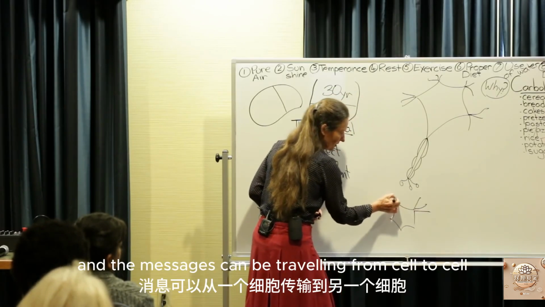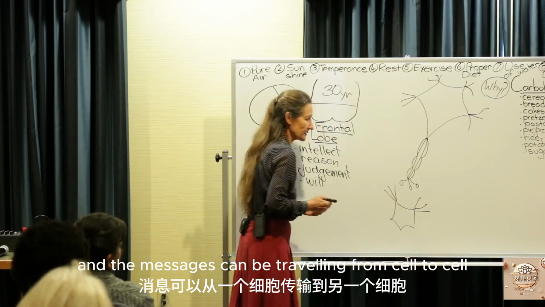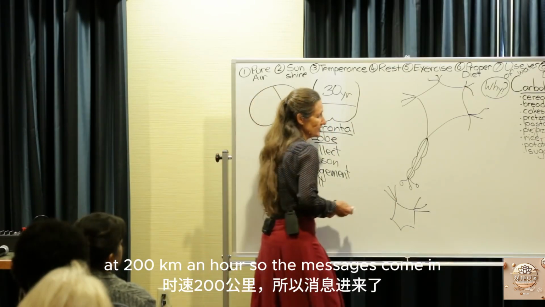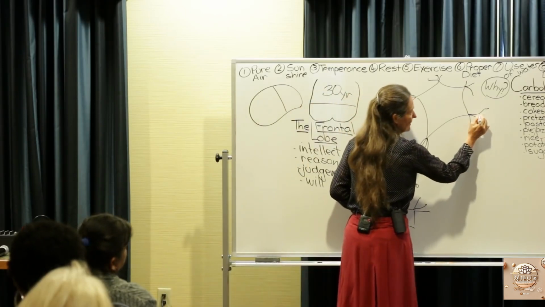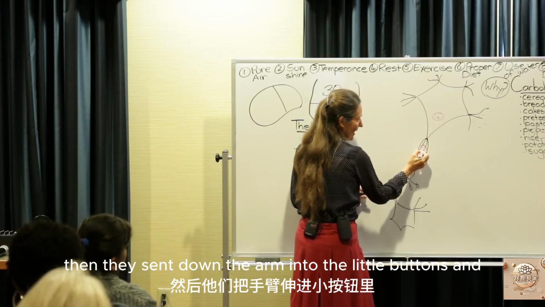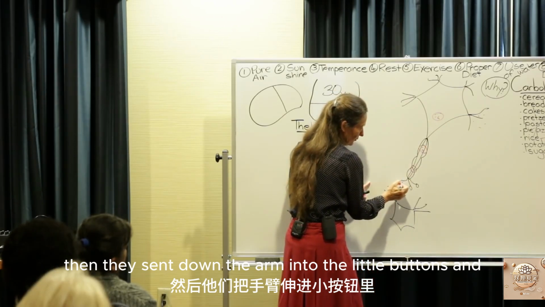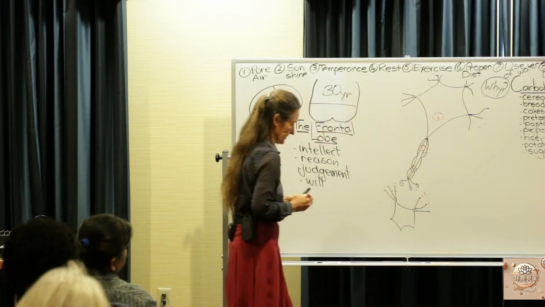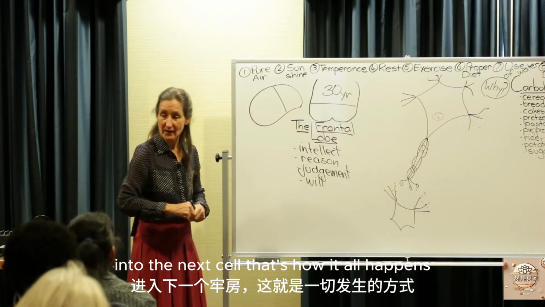And the messages can be travelling from cell to cell at 200 kilometres an hour. So the messages come in, they're encapsulated, then they're sent down the arm into the little boutons and into the next cell. That's how it all happens.